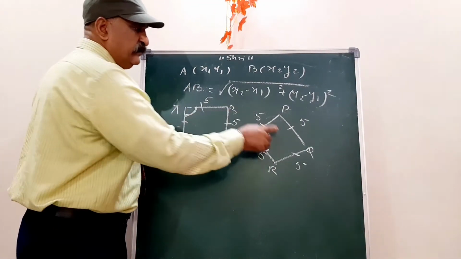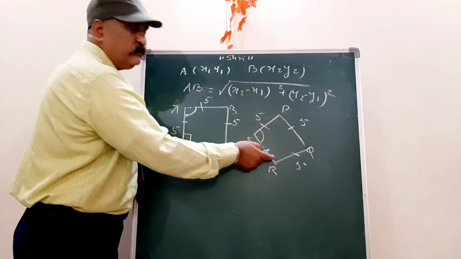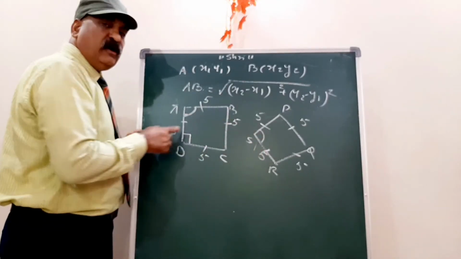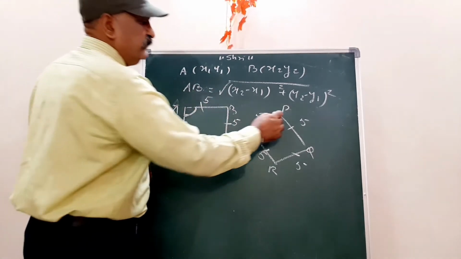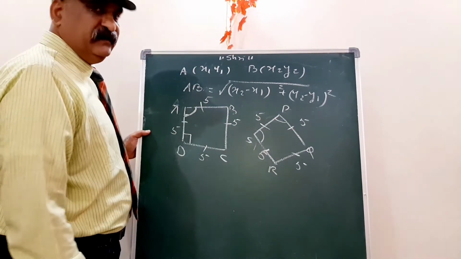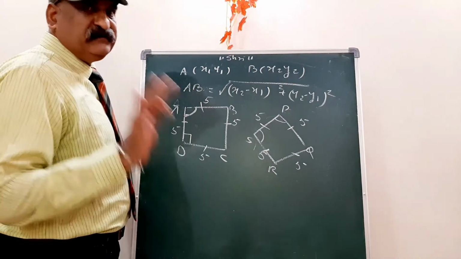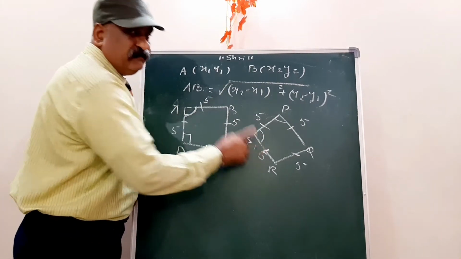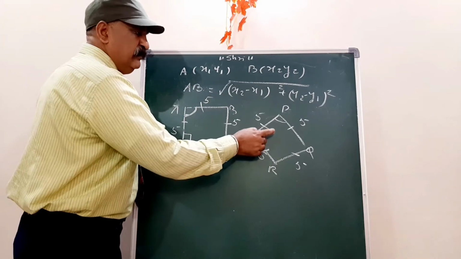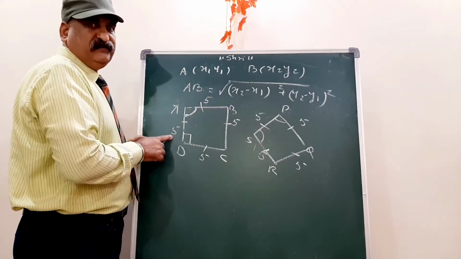It means every square is a rhombus because all the 4 sides are equal. But a rhombus will not be a square. Because when will the rhombus become a square? When this angle becomes 90 degrees. I hope the concepts are clear now. Every square is a rhombus, but it need not be that every rhombus will be a square.